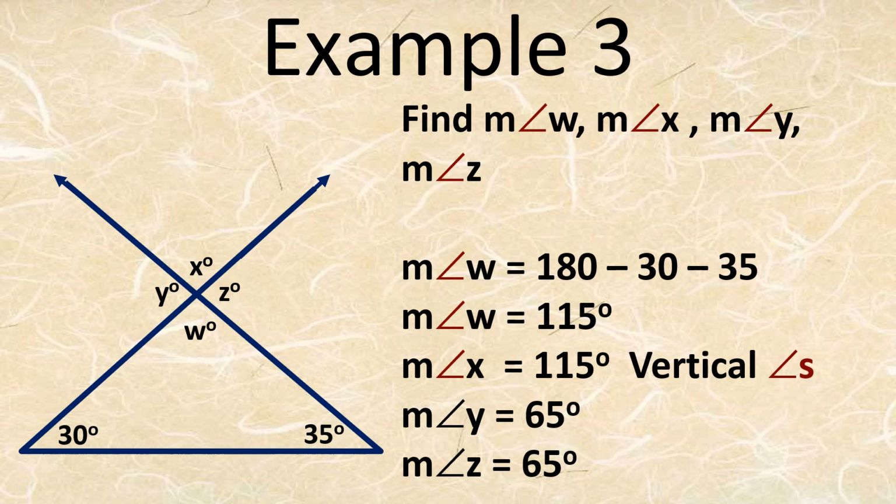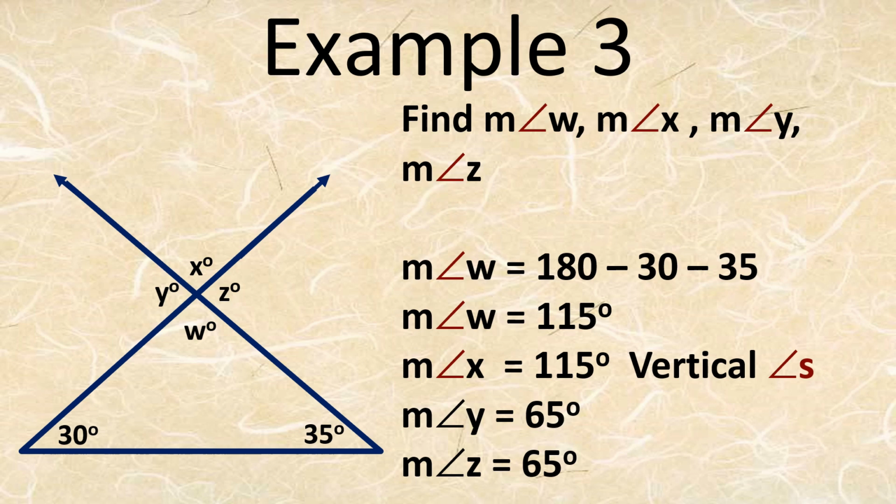Example 3. In example 3, you can use the vertical angle theorem, which we have proven in lesson 2, I think. If this is 30 and this is 35 degrees, using the property of a triangle that the sum of its interior angles is 180, that means the measure of angle W is equal to 180 minus 30 minus 35, or 115 degrees.